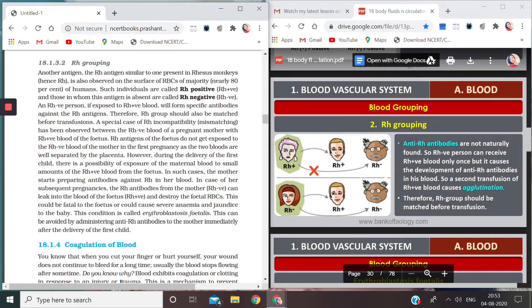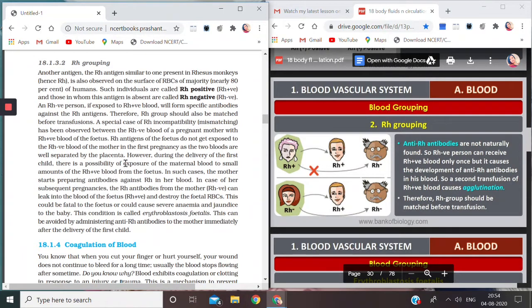Now, because the amniotic sac inside which there is a fetus and the placenta is to be cut open, we have to cut the placenta, we have to separate the fetus from the mother during the delivery.